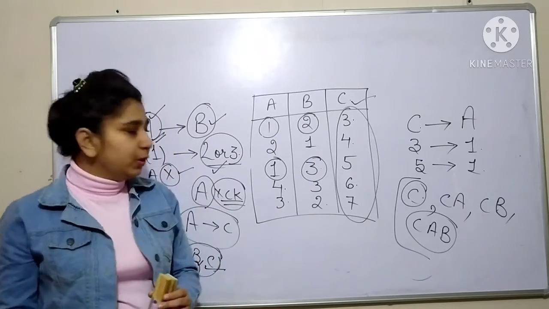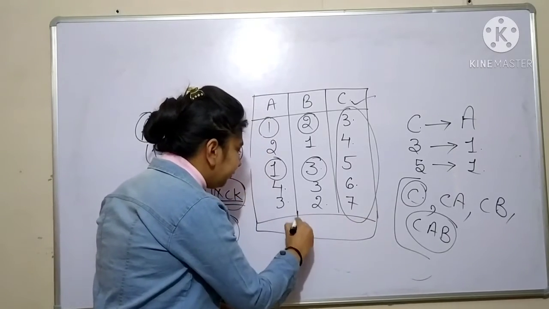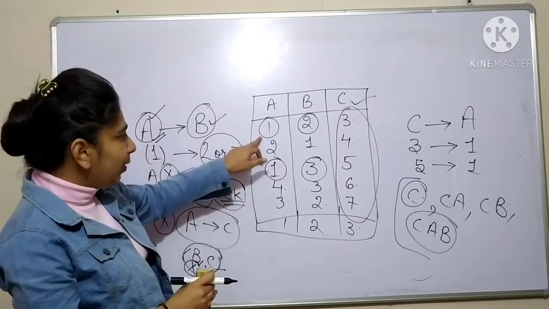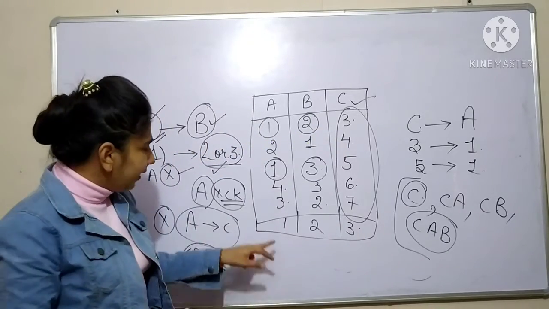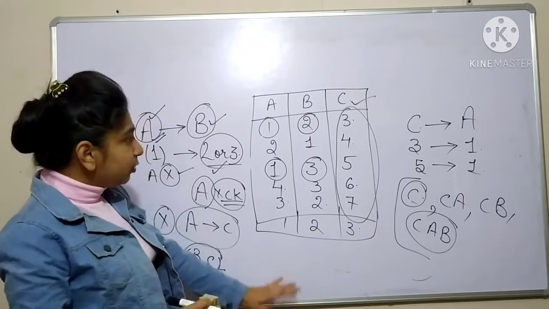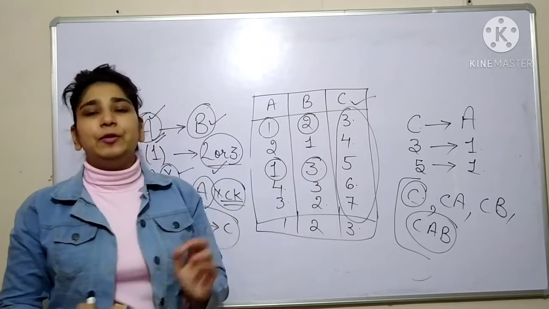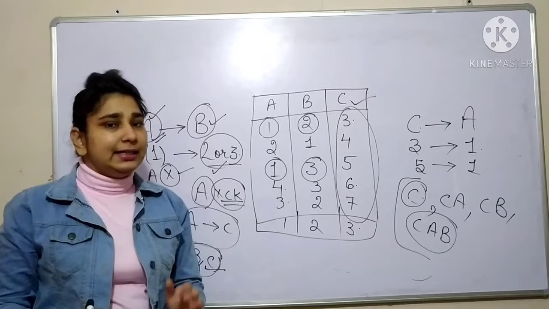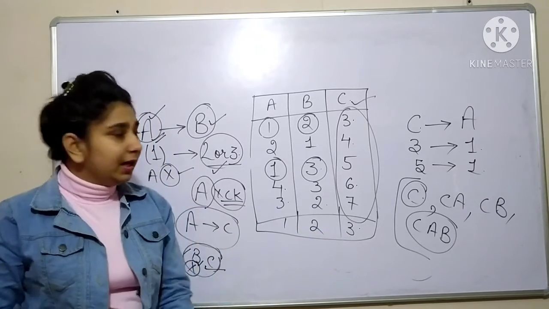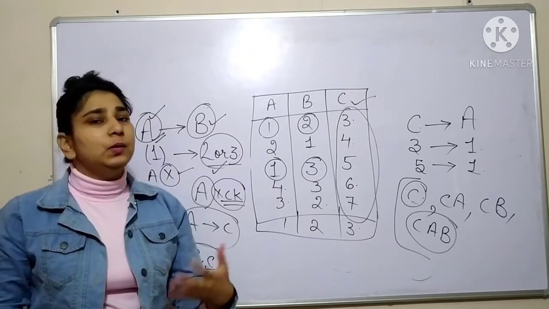Let's assume one more case in this relation. If you have tuples like this, we have 1, 2, 3 and I am taking one more row as 1, 2, 3. In that case also you would consider the C attribute as the candidate key. If you are given the value of C as 3, what is the corresponding value of B? You would get only one value.